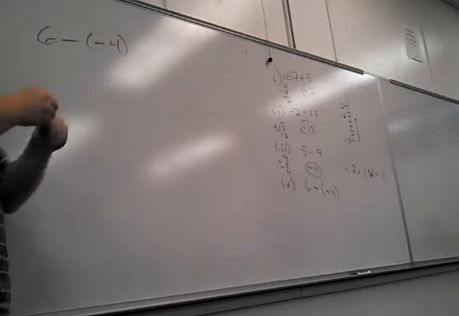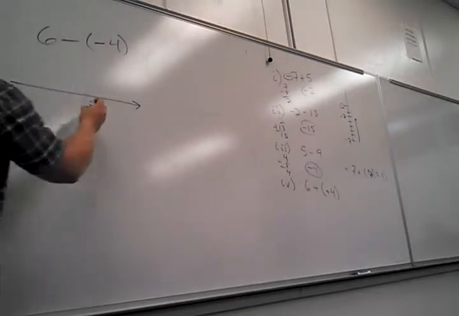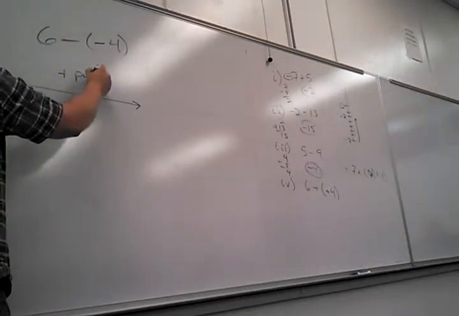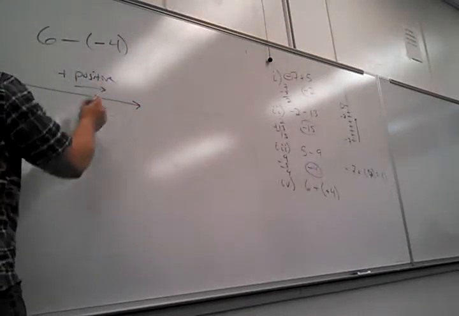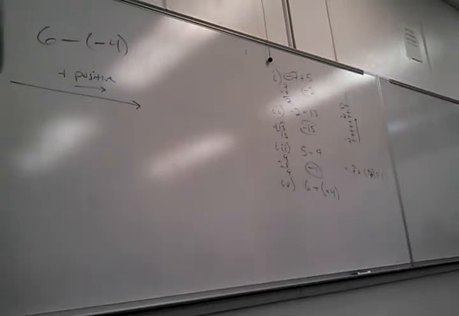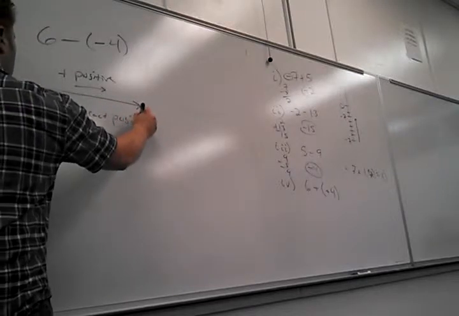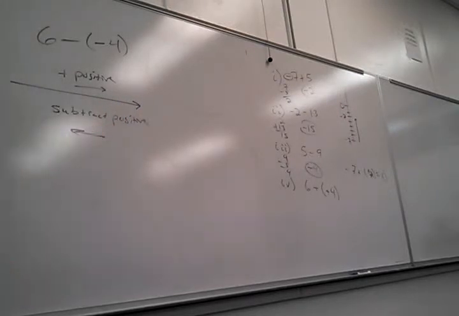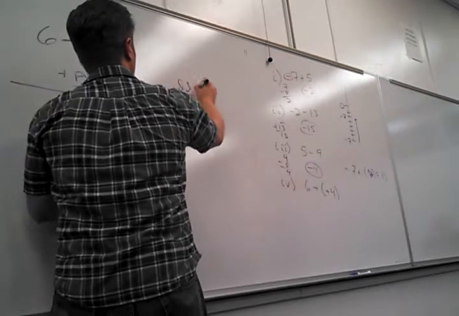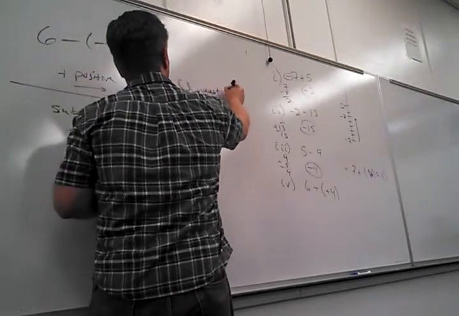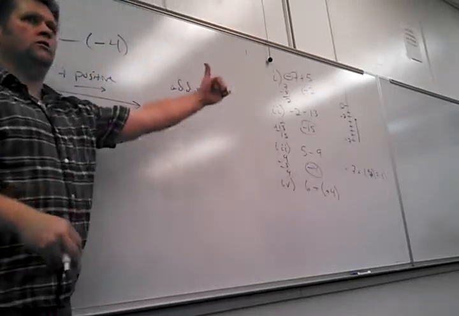Subtracting a negative number. So let's go through a couple things. If I add a positive, I'm going to go this way, of course, right? 2 plus 7 gets bigger. If I subtract a positive, I'm going to go backwards, right? You with me? If I add a negative, like adding debt, I'm going to go back.